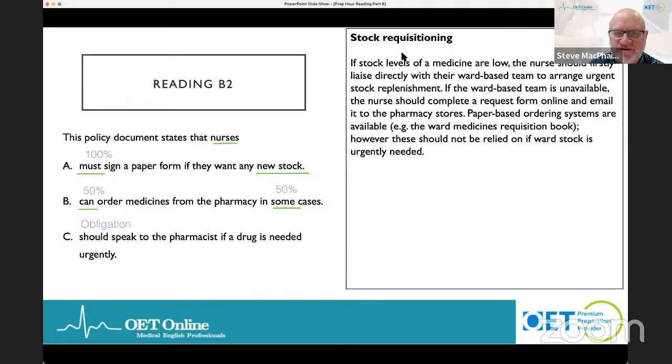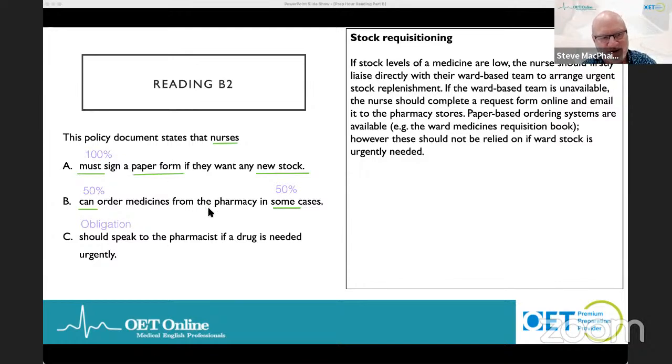Okay, let's start with the first half. Stock requisitioning. If stock levels of a medication are low, the nurse should firstly liaise directly with their ward-based team to arrange urgent stock replenishment. Okay, so they have to liaise with someone. Now, B and C mention the pharmacy, and A is just about the paper.